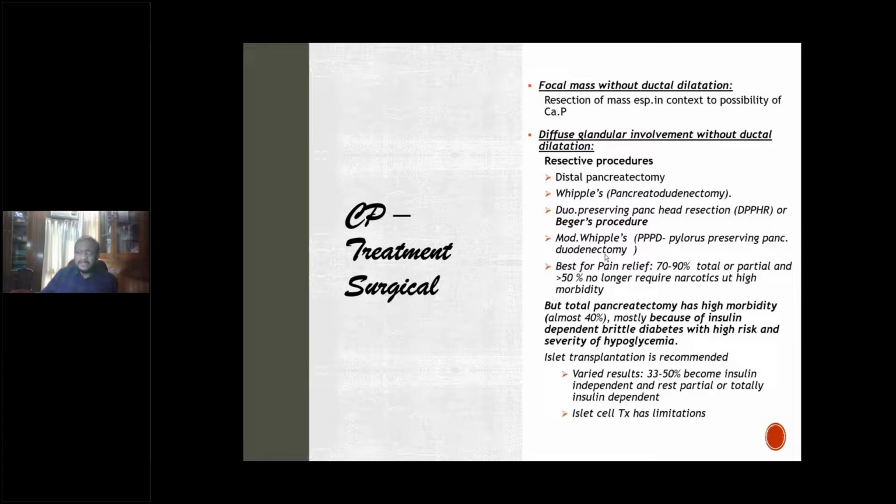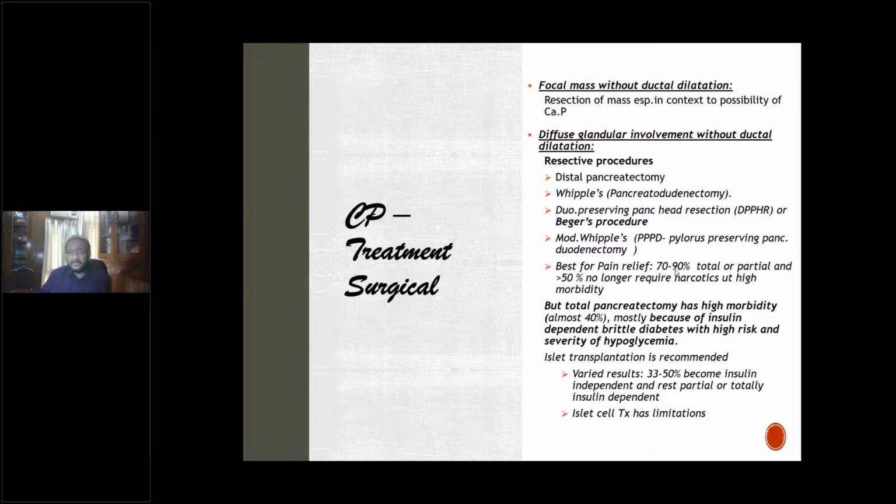The other is that you do duodenum preserving, that instead of only the pylorus, you also preserve the duodenum. Now that is only possible if you're doing it in chronic pancreatitis. You leave a thin rim of pancreas along with the duodenum. And remember these resective procedures where there's no ductal involvement and diffuse glandular involvement, again the pain relief is 70 to 90%, which is very, very high pain relief, right?